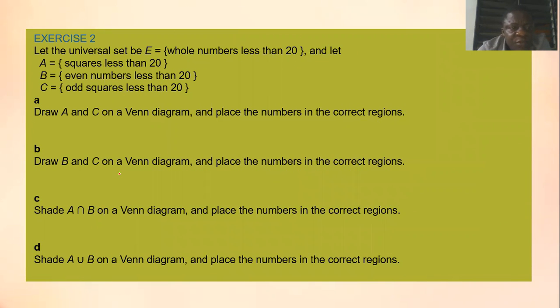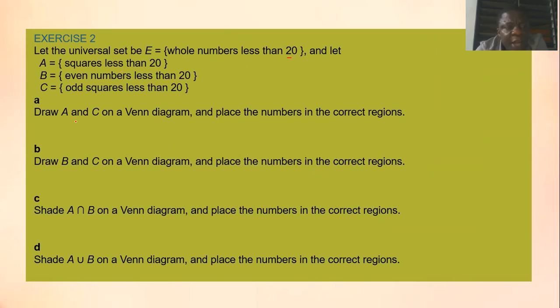It says the universal set E contains whole numbers less than 20. And A, squares less than 20, B, even numbers less than 20, and C, odd numbers less than 20.